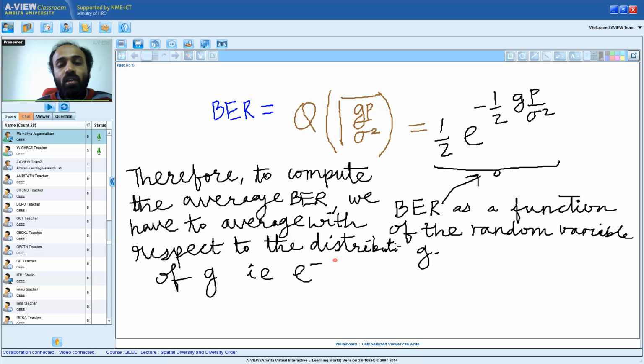That is, the distribution of G is e to the power of minus G.